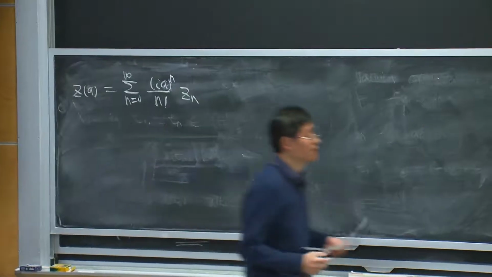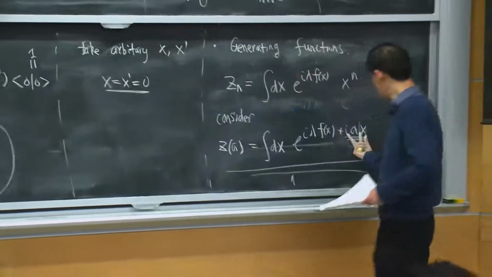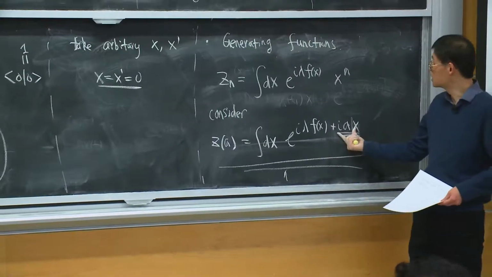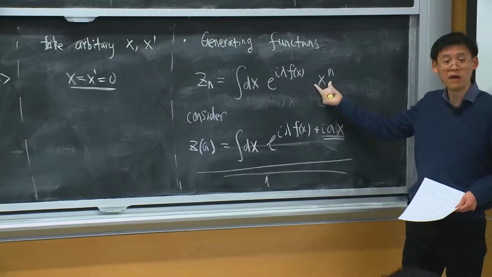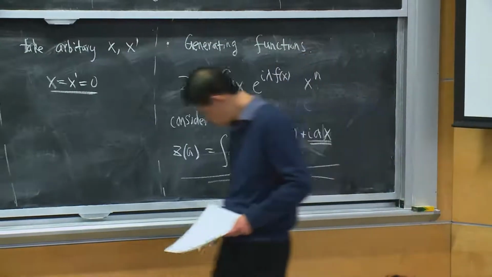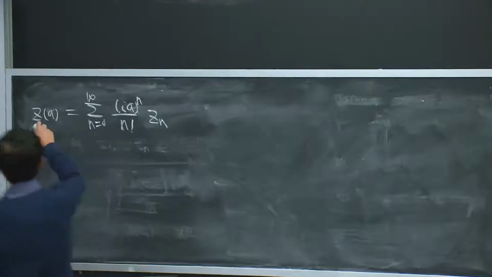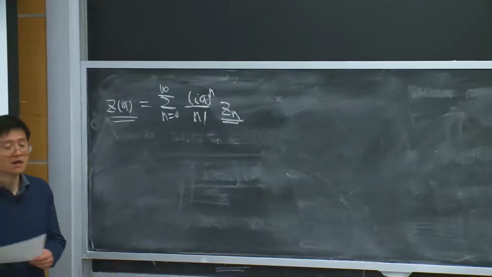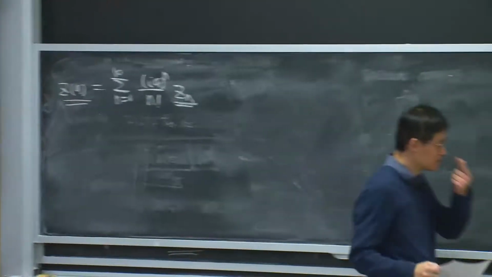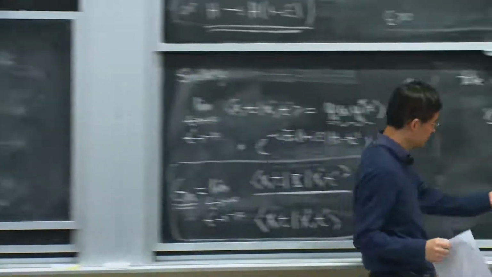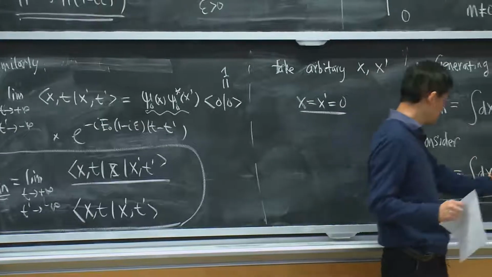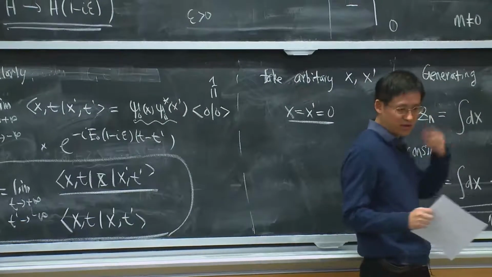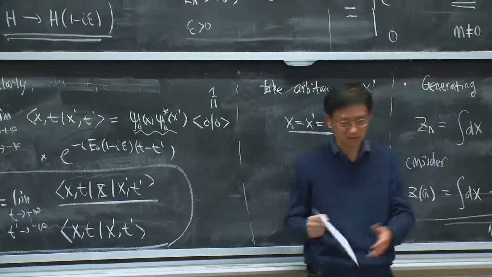If you expand this in a power series of A, then the nth term will give you x to the power n. So we just expand this Z of A in a power series, and then the Z_n would be the nth coefficient. So if you compute Z of A in one shot, then each Z_n you can get just by a Taylor series.